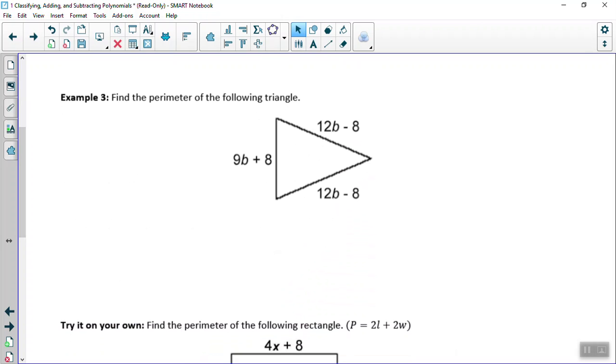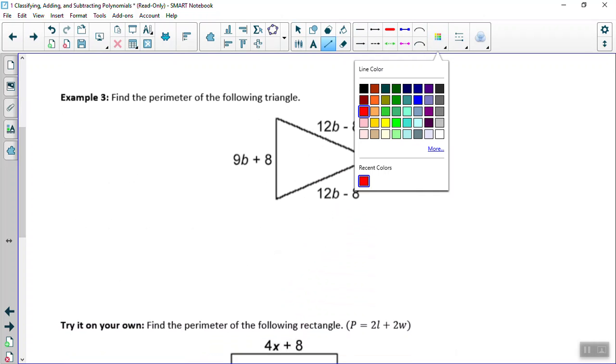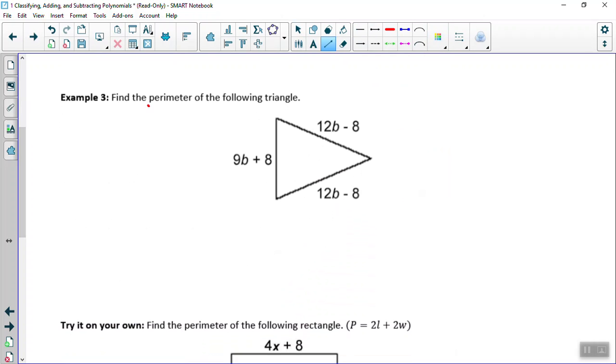So we're going to find the perimeter. And if you remember back to middle school, maybe even before that, 5th, 6th grade, perimeter just means the distance around the outside edge. Perimeter is just the distance around the outside edge. So we're going to add them all together.